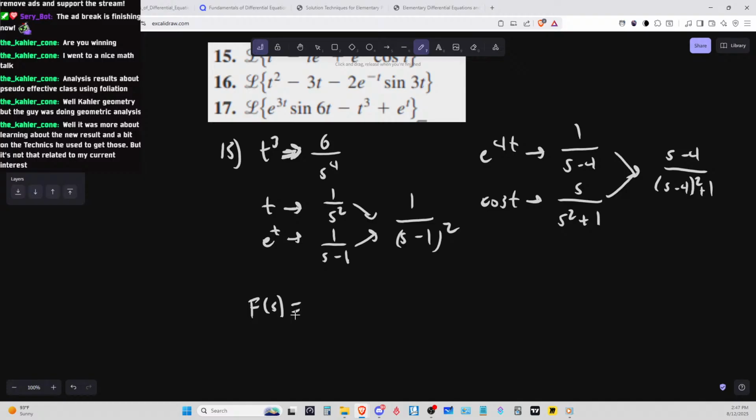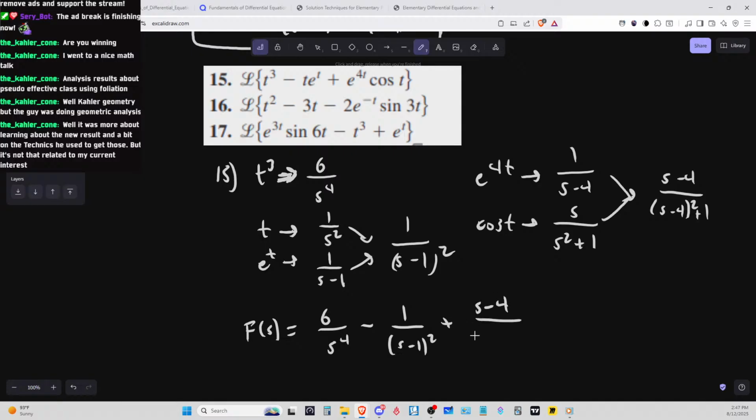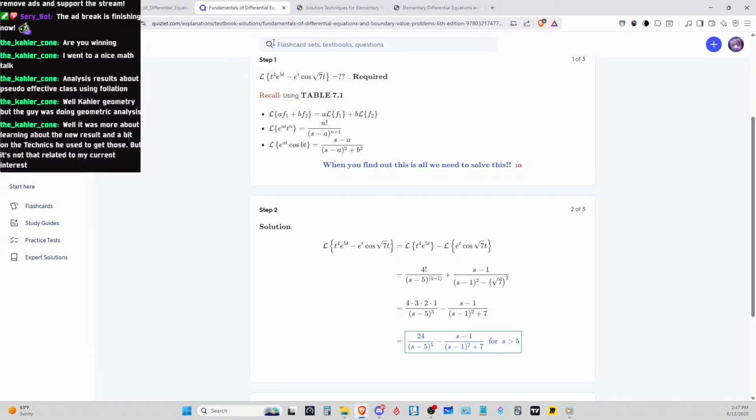So altogether, 15 will give us the first one is 3. And then is that a minus sign or a plus? Yeah, that's a minus sign. So minus that, and then we have a plus s. Okay, let's check if that is our correct answer. So that's number 15.